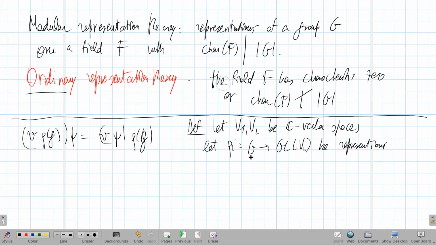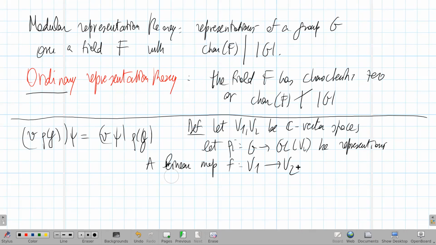Then a morphism of representations. Let's put it like this: a linear map f from V1 to V2. So we start with a linear map, a map that respects sums and linear combinations. If you say linear combinations, I've said it all.